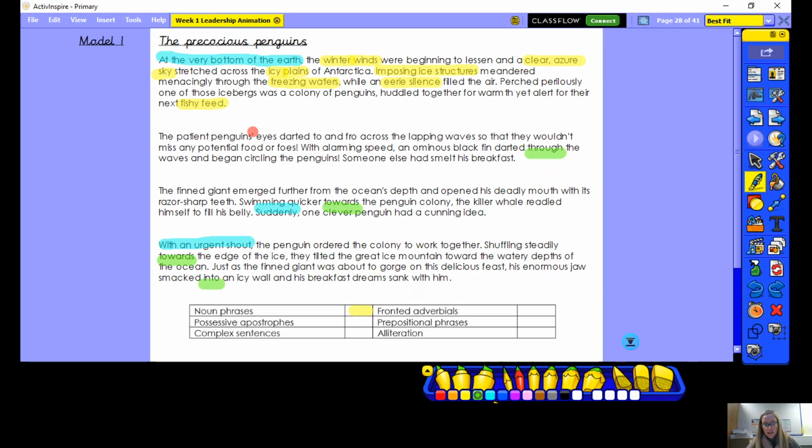Let's see if we can find any examples of complex sentences. Pause the video while you look for these. Okay, so here, if we look here, imposing ice structures meandered menacingly through the freezing waters, while an eerie silence filled the air. Here's an example of a complex sentence.